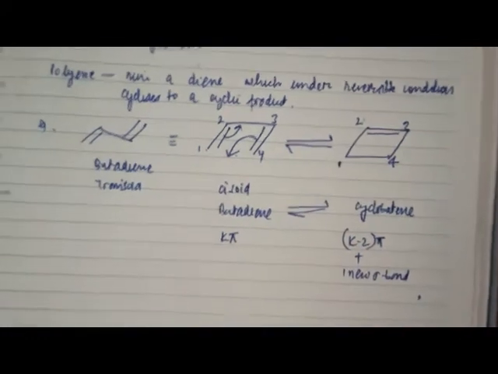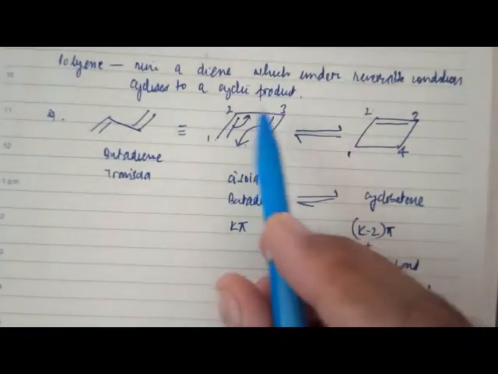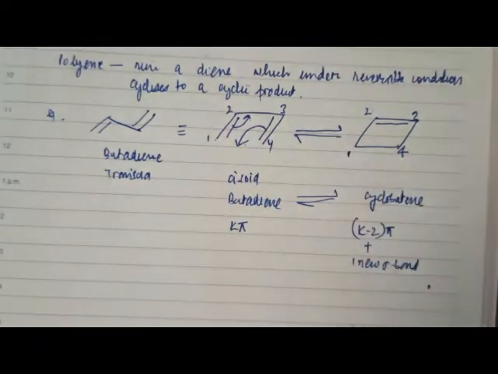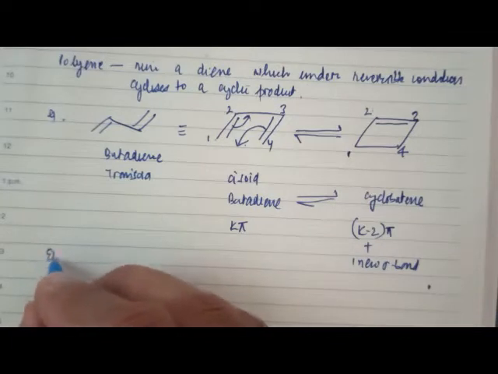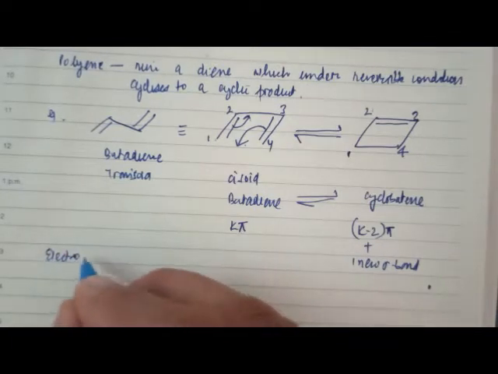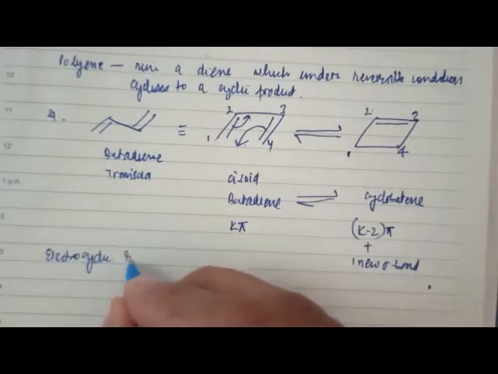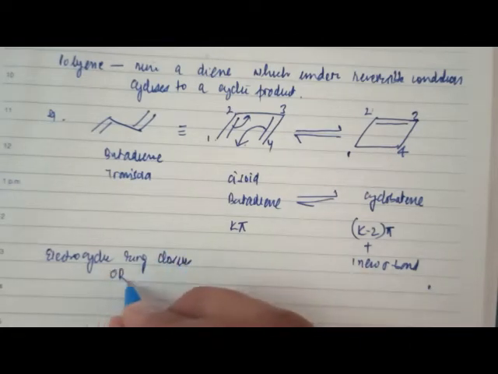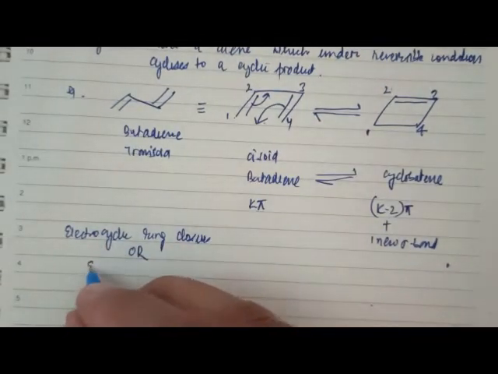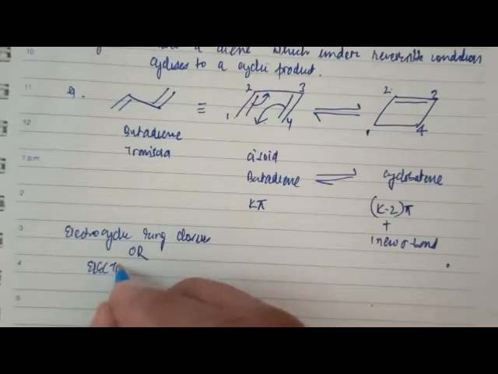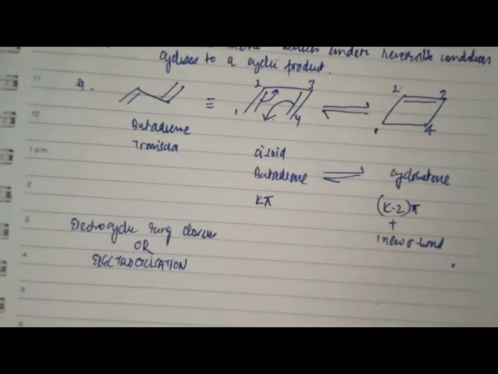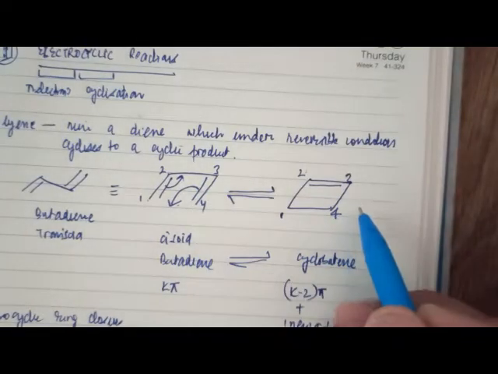This process of cyclizing an acyclic component having a polyene system into a cyclic component is known as electrocyclic ring closure, or it is also called electrocyclization. And as I've told you, these reactions are largely reversible in nature.